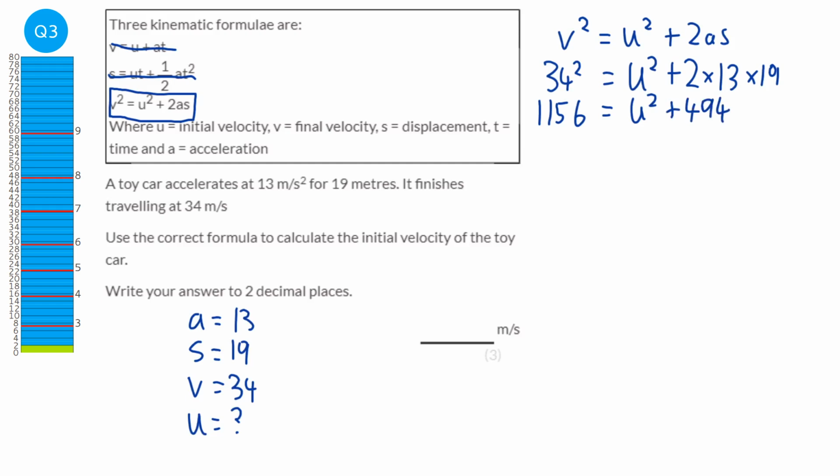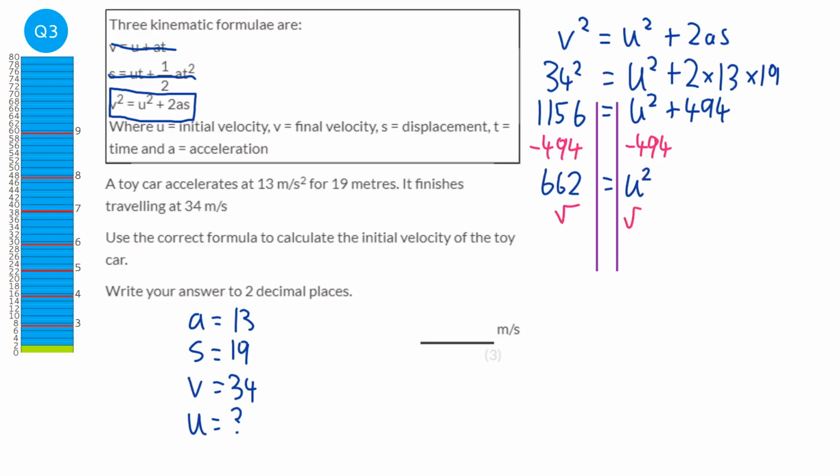And it turns into a solving part, so we're just going to solve this. So the first thing I'm going to do is subtract 494 from both sides. And so we're left with 662 equals u squared. Then we're just going to square root both sides.